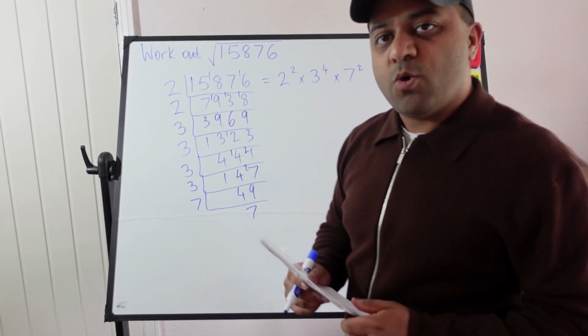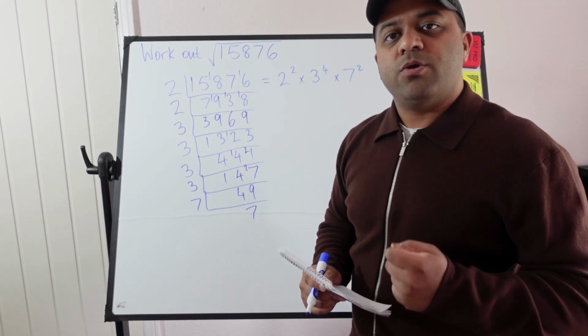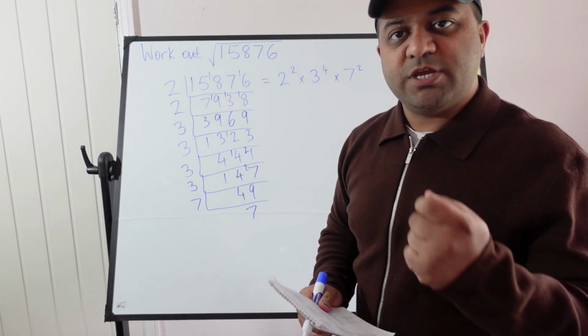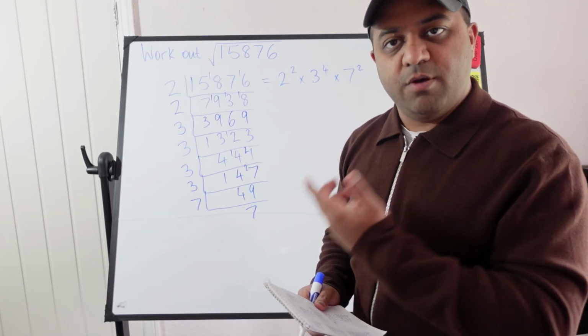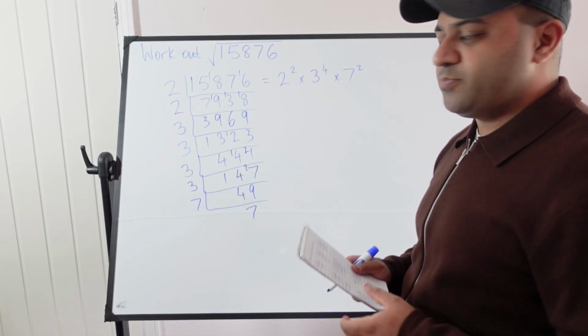Now, when doing square roots, we're allowed to square root each of those primes separately, or each of the numbers in the multiplication separately.